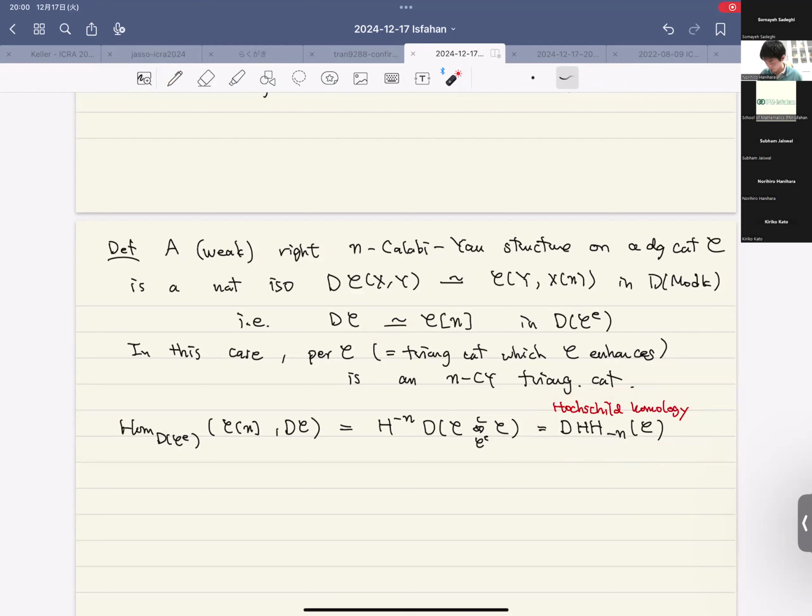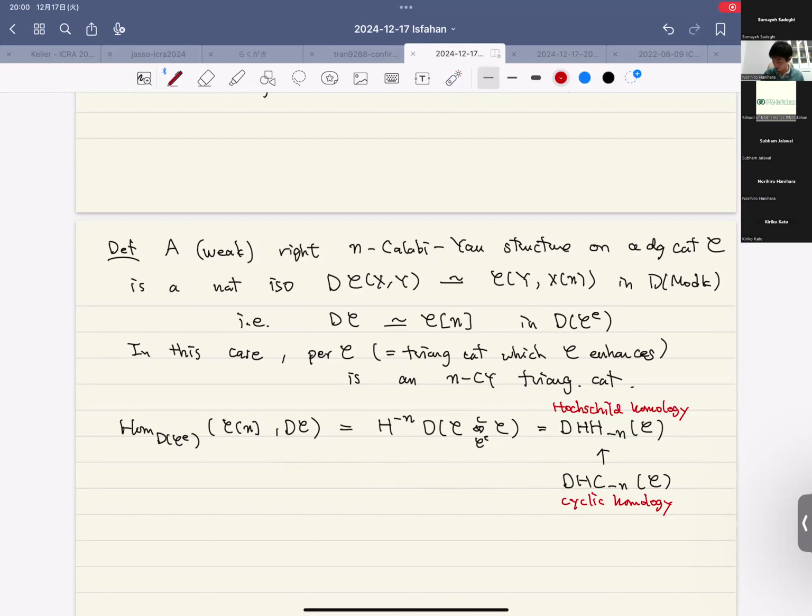But from the point of view of deformation theory, we should require something stronger. In fact, the correct definition is that we have a natural map from the dual of the cyclic homology of C, and we should require the isomorphism to come from an element here.